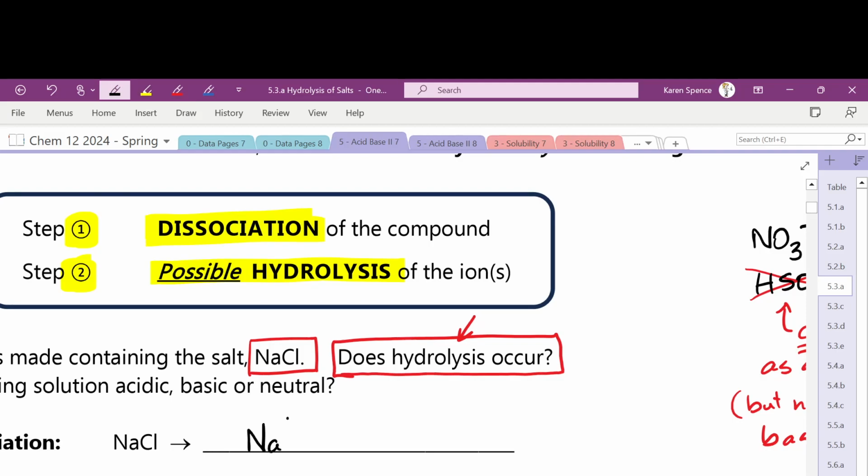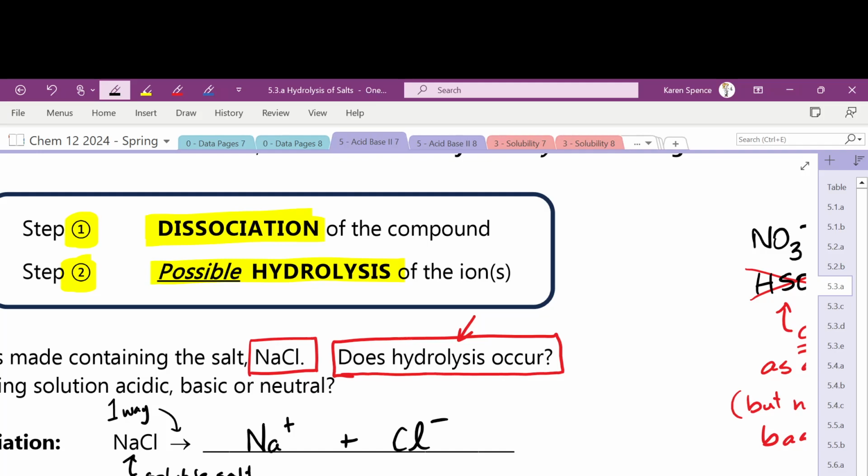Na plus and Cl minus. And this is a soluble salt, so you'll notice this is a one-way arrow because this is a soluble salt. And I think for this section, almost all of the salts are going to be completely soluble. It's not really fun to ask you about slightly soluble salts or whatever.